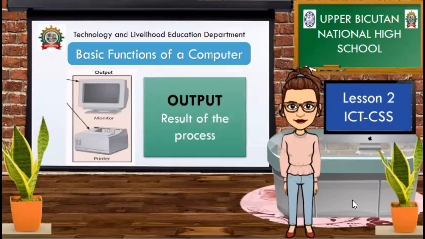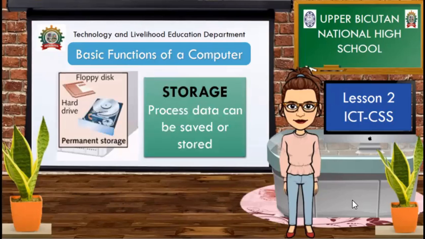Third one, we have the output. Output is the result of the process performed by the computer. And last one, we have the storage. Storage is the data that is saved or stored for later use.